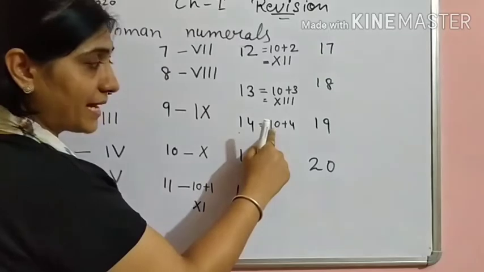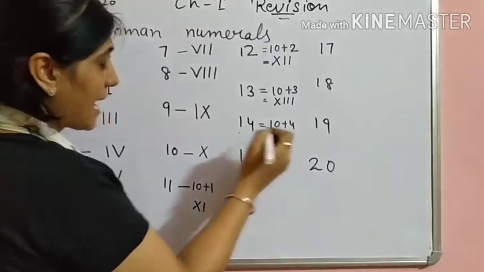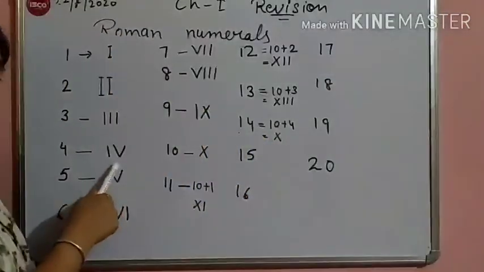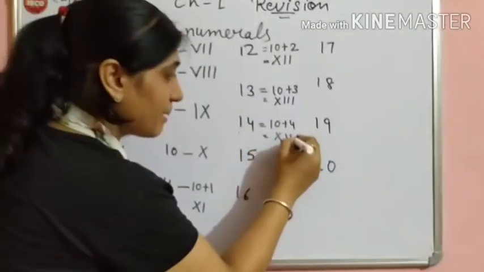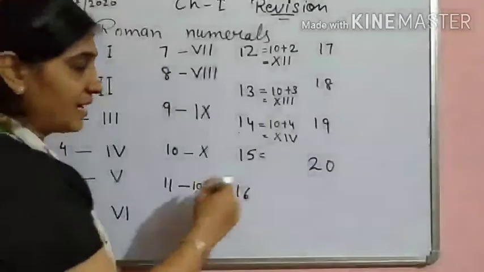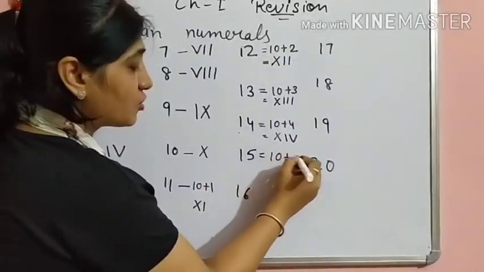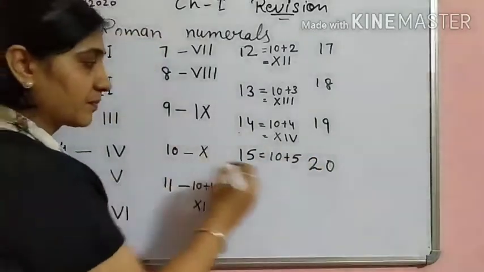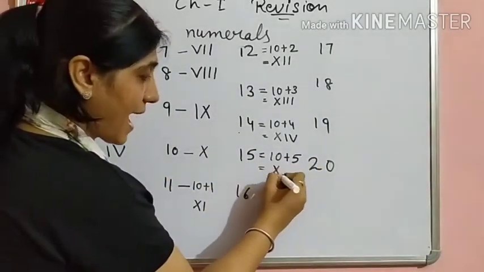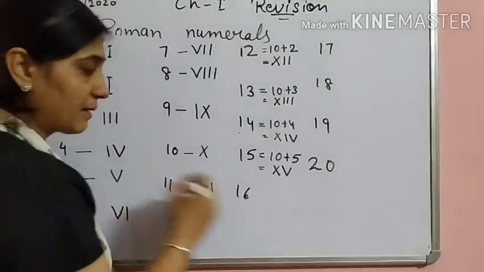The symbol for 10, X. And how can we write the 4? IV. And 15, 10 plus 5. The symbol for 10, X, and V.